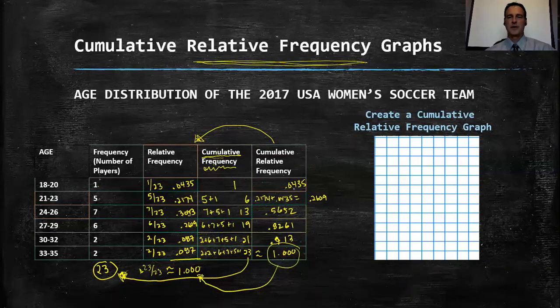Now what am I going to do to graph this? Well, off to the right, here's what I'm going to do. I'm going to put 18 in this spot, and I'm going to put 21 here, and 24, 27, 30, 33, and 36.